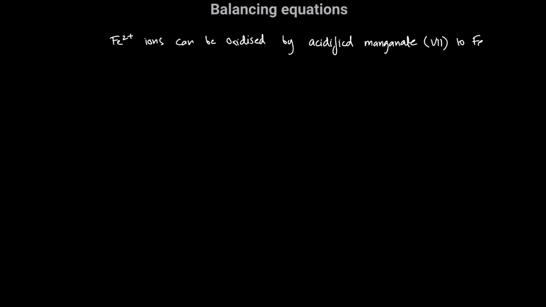So now let's look at the next example. The next example says that Fe2 plus ions can be oxidized by acidified manganate 7 to Fe3 plus ions.